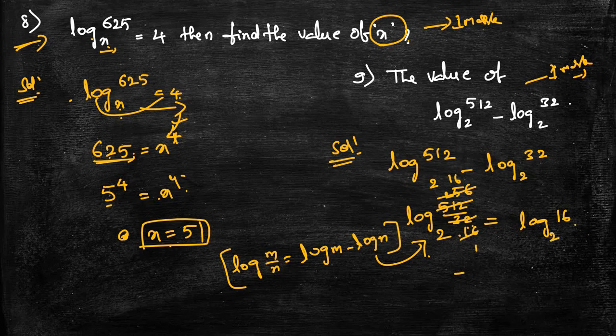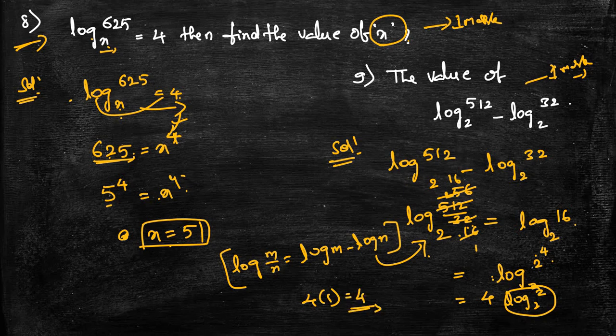Now we can write 16 as 2 to the power of 4: 2 twos are 4, 4 twos are 8, 8 twos are 16. The 4 comes before the log, and it becomes 4 log 2 base 2. This is 1 here, so 4 into 1 is the answer, equal to 4. So the answer is 4 here.